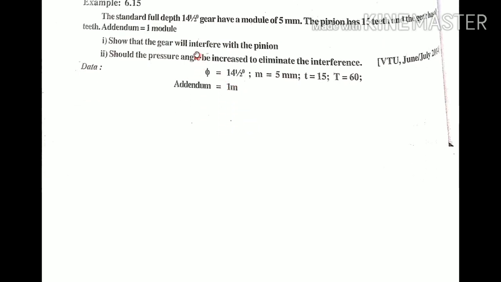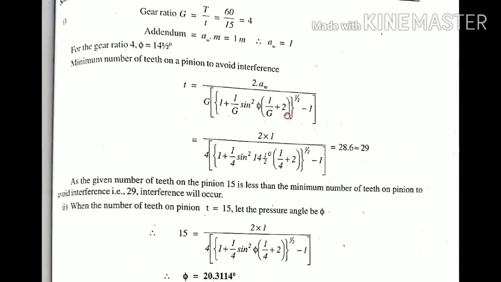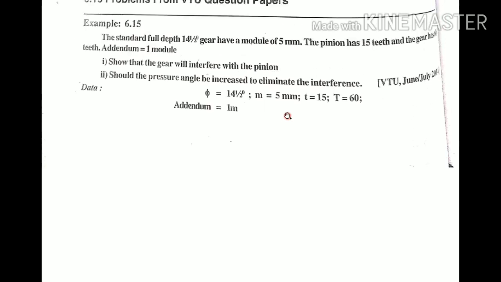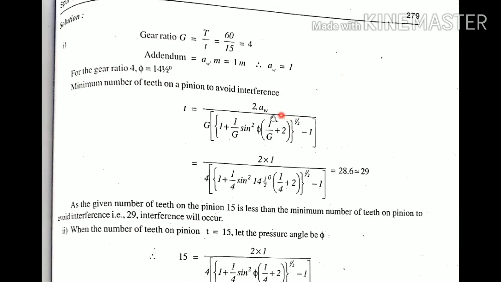Therefore, the first question we need to answer is, show that the gear will interfere with the pinion. That means there is interference, that we need to show. Let me see how to solve this problem. See what he's saying, we need to show the gear will interfere with the pinion.